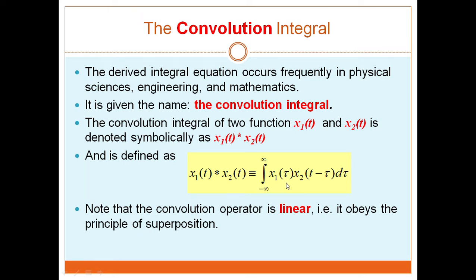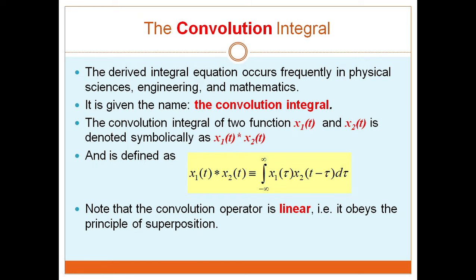That means we find the area under the first signal and the second signal with this criteria: shifted and also reflected. We consider convolution to be linear because right now we are under the LTI system, so it will obey the principle of superposition.